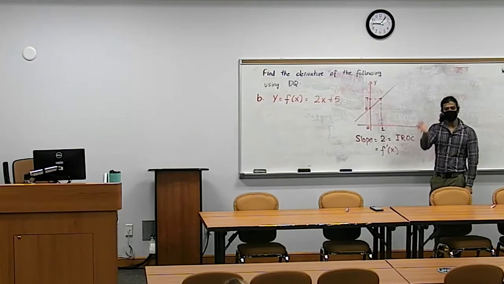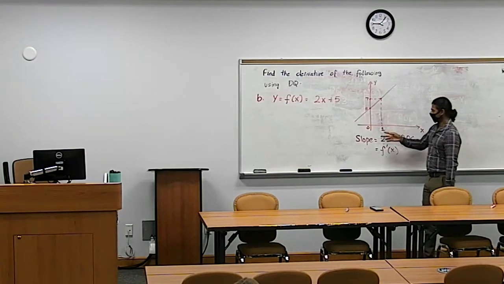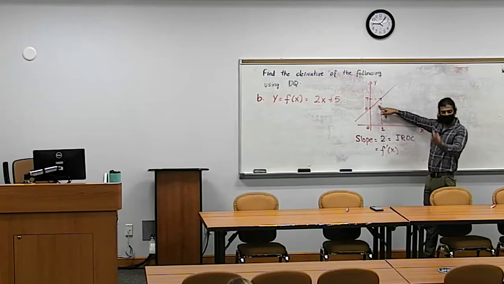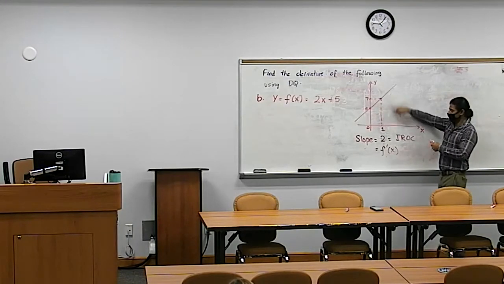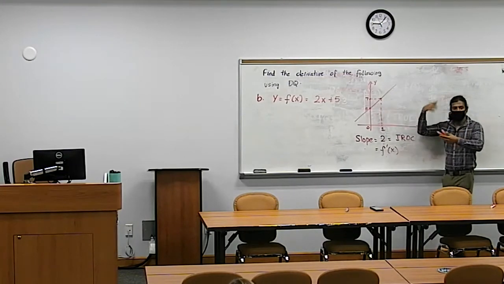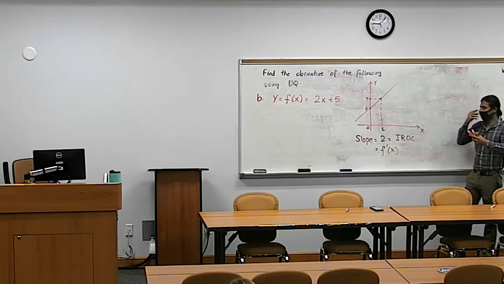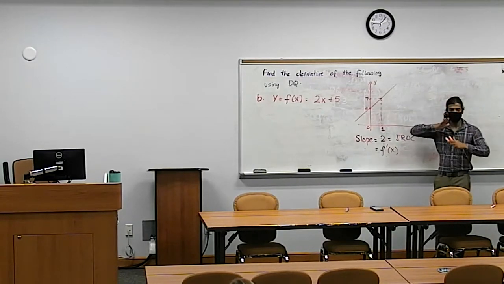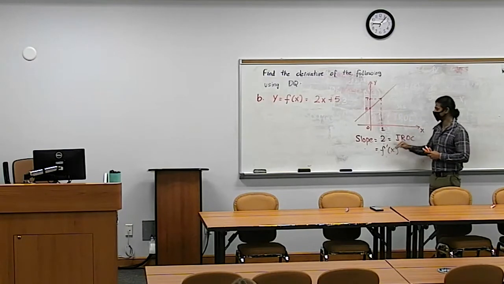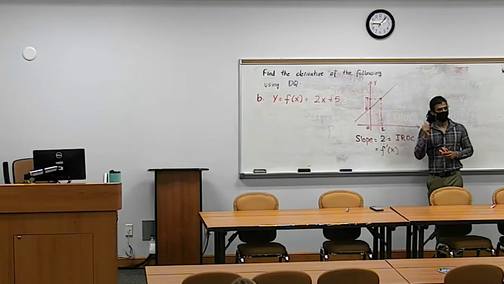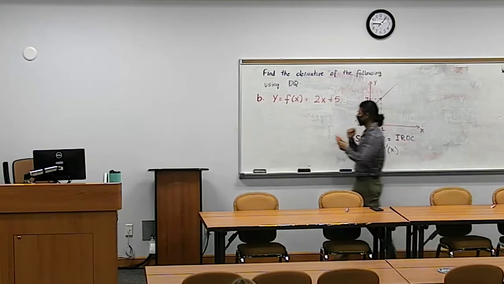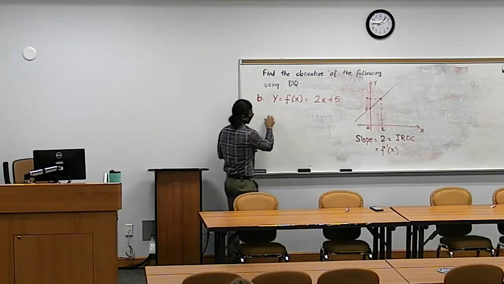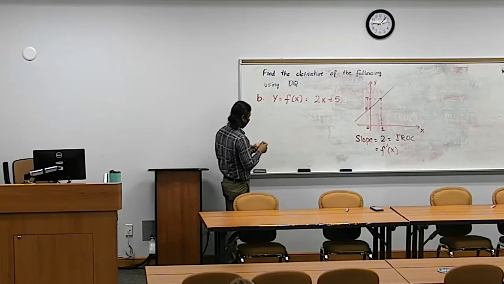I mentioned this last time also. The slope at 1 is 2, the slope at 2 would be 2, slope at -2 would be 2, because the function is increasing at a constant rate, and that constant rate is 2. Good? Okay. Let's see if we get the same answer over here.